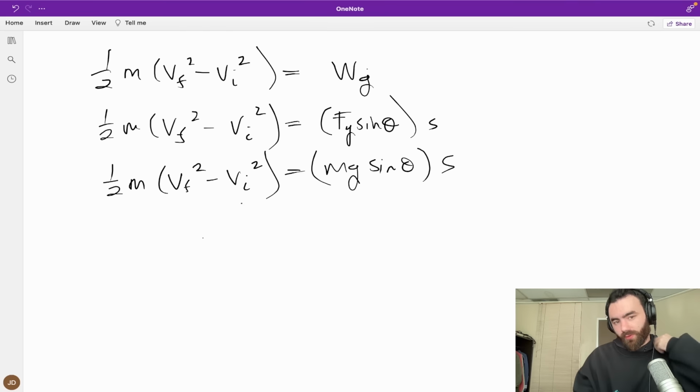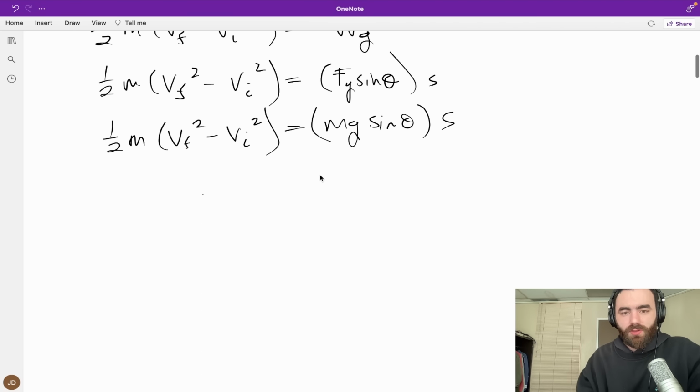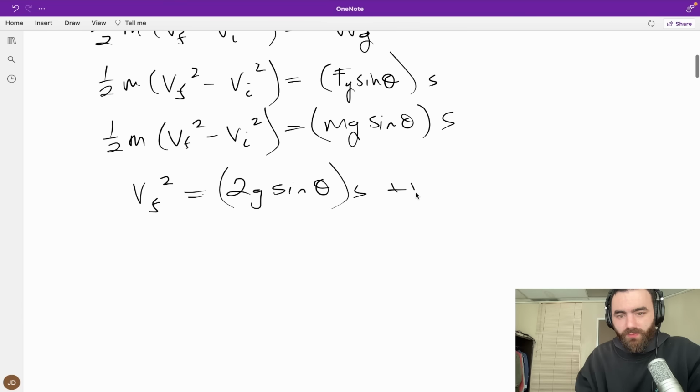And now we can rearrange for the final velocity, because that's what it wants. It wants the velocity after it's traveled 15 meters. So we can cancel the m's, times through by 2. We get v squared, take that over. It's just rearranging. We get 2g sine theta times s plus vi squared. Square both sides.